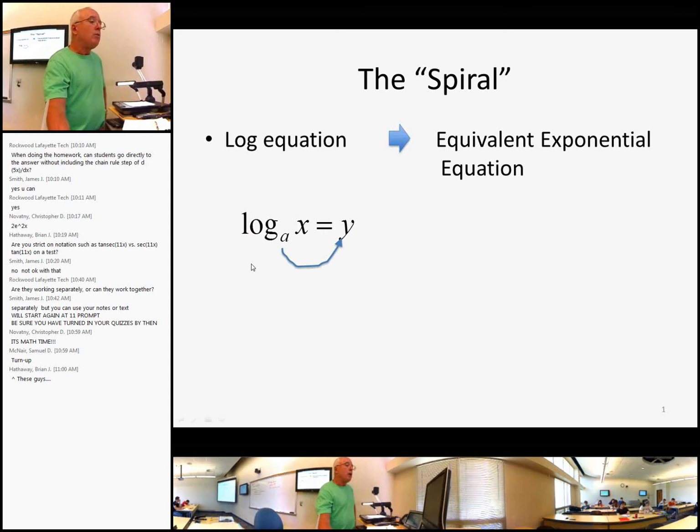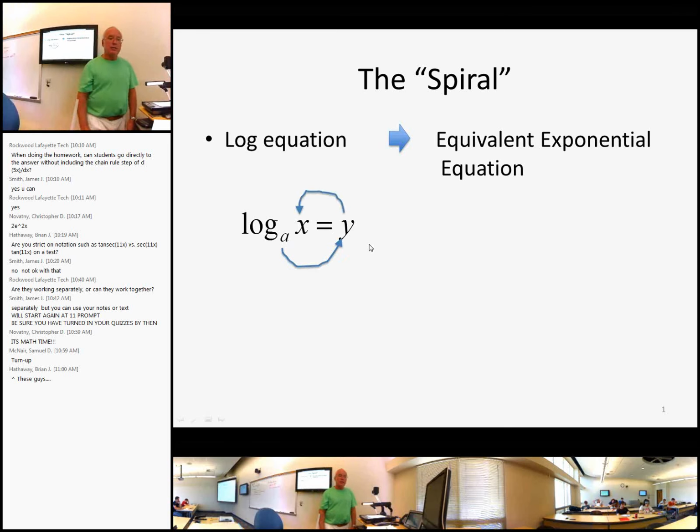You start out with the base a, you draw a little curved line that gives you to the y, and then you finish off the spiral by going back to the x, and you put equals x.